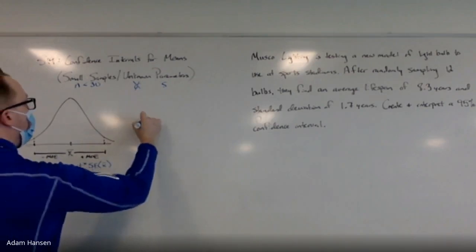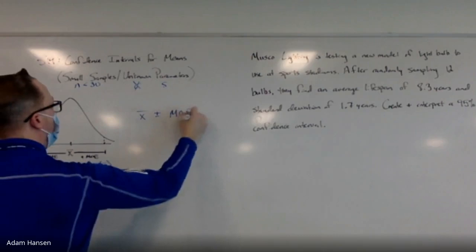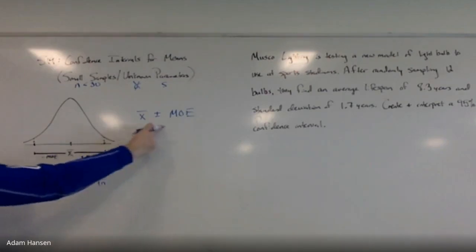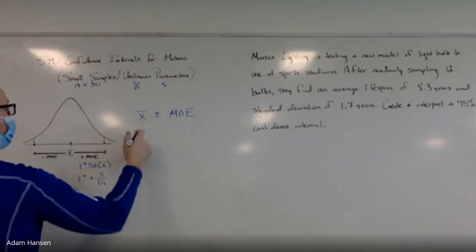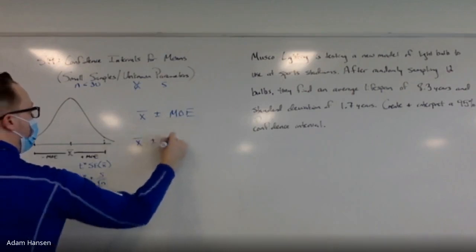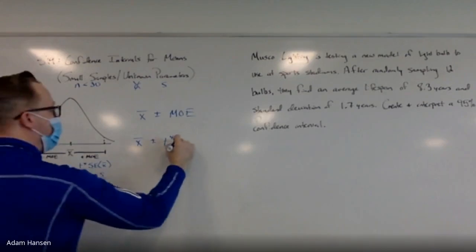So here is our formula. Overall, the confidence interval for small sample sizes, for small means, is our estimate plus or minus the margin of error. That margin of error is how many standard deviations, that t-score, times the given standard error.